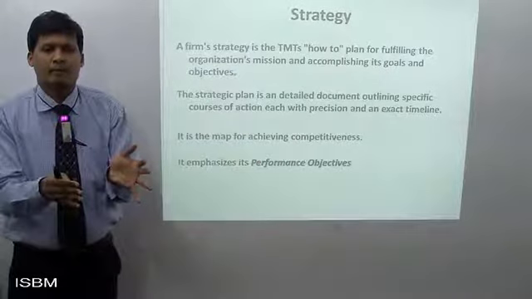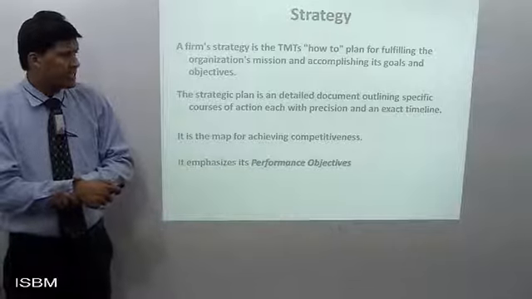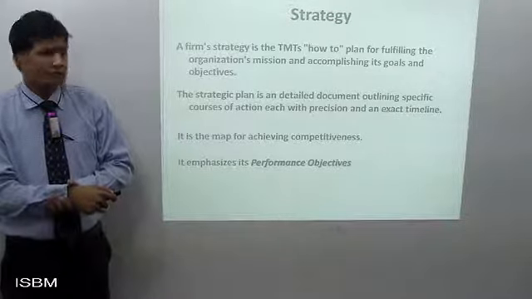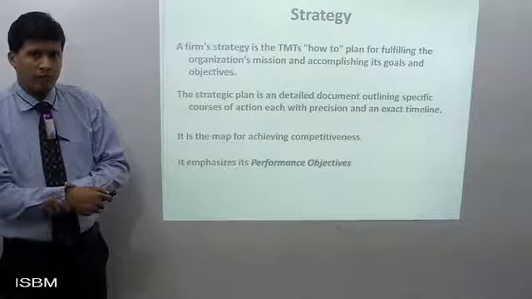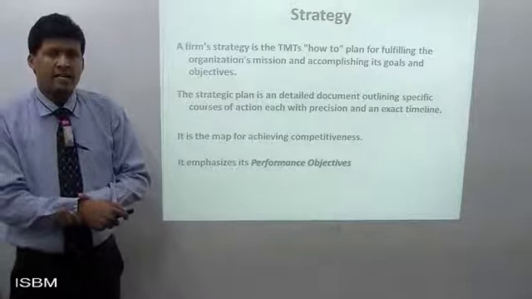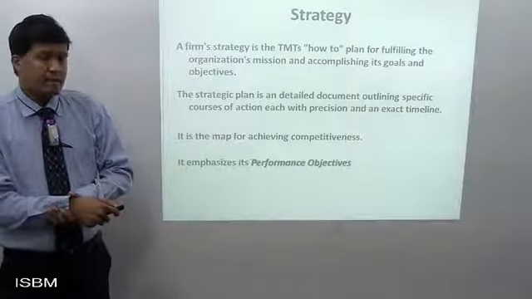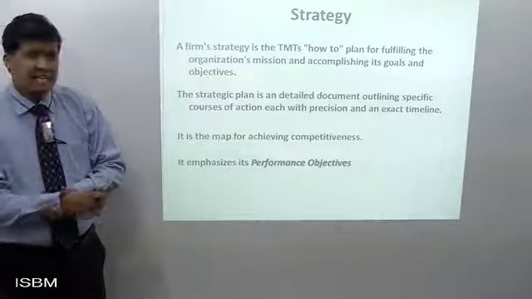They design a path on how to go about it. The strategic plan is a detailed document outlining specific courses of action, each with precision and an exact timeline. They have a detailed plan.